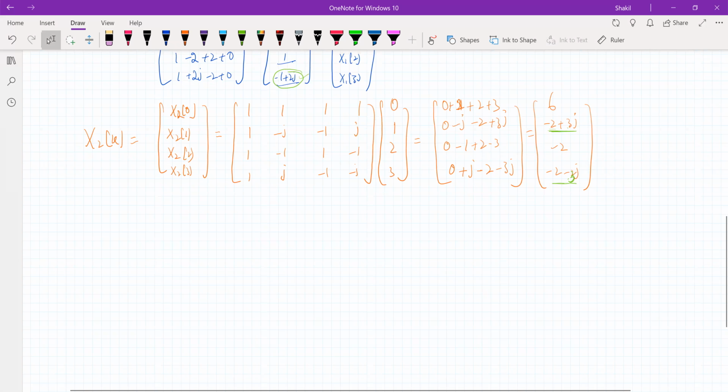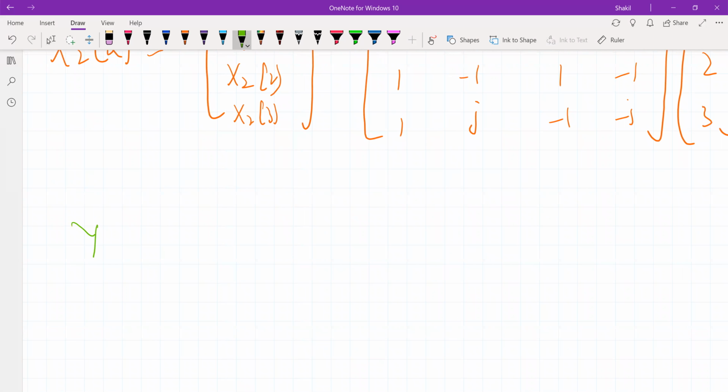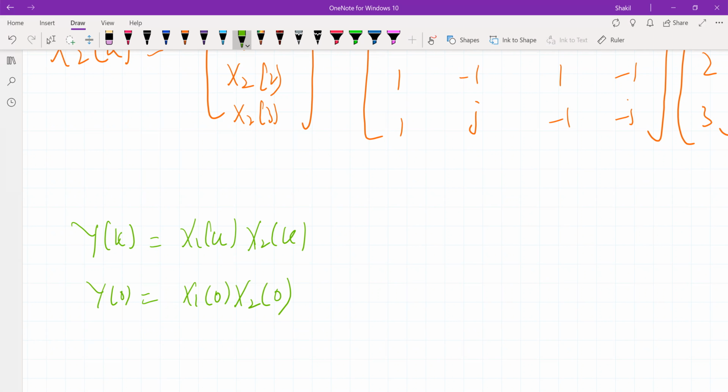Now, once you have computed this, what you will do next? You will say Y of k is simply X1 of k times X2 of k. Right. So multiply the corresponding sample points to get Y. Using capital for this, so Y of 0 will be simply X1 of 0 times X2 of 0.